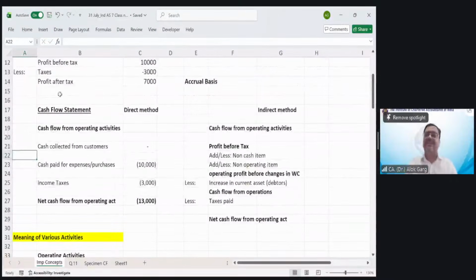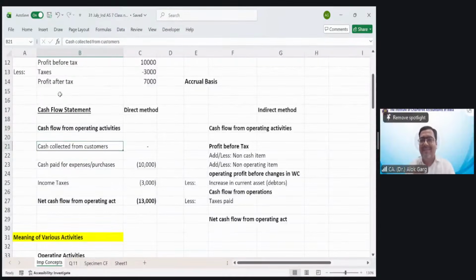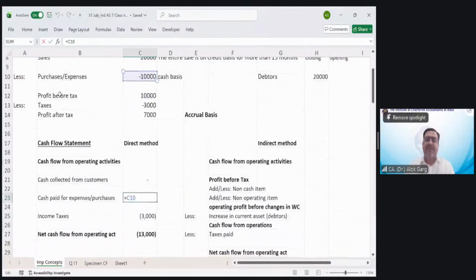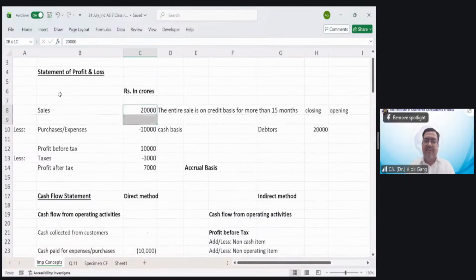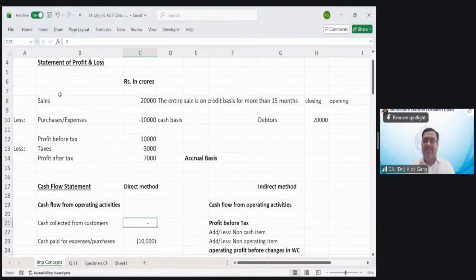So the direct method is just like a cash account. How will you present the cash flow from operating activity in the direct method? Cash collected from customers, cash paid for expenses or purchases. According to this example, will any cash be collected from customers? No. The entire 20,000 crore sales was on credit basis.